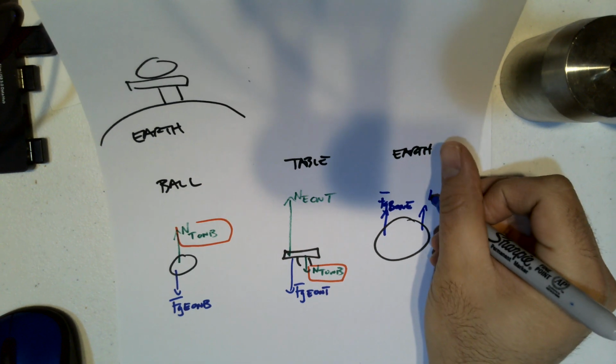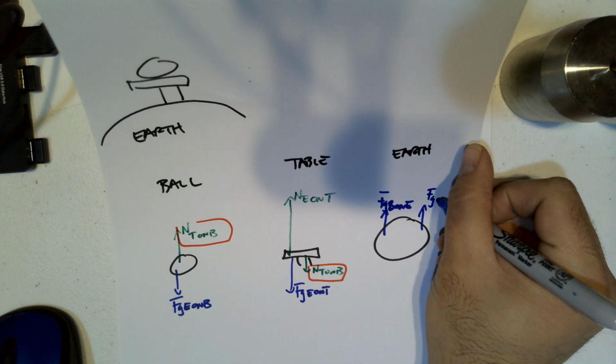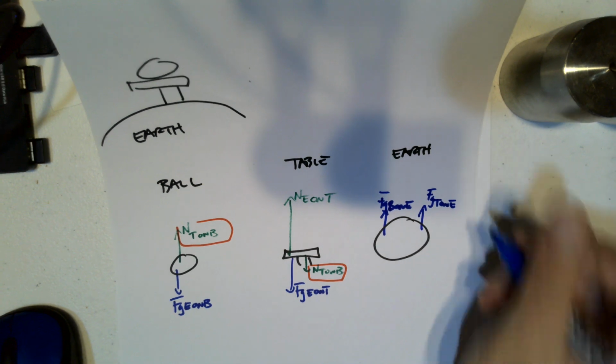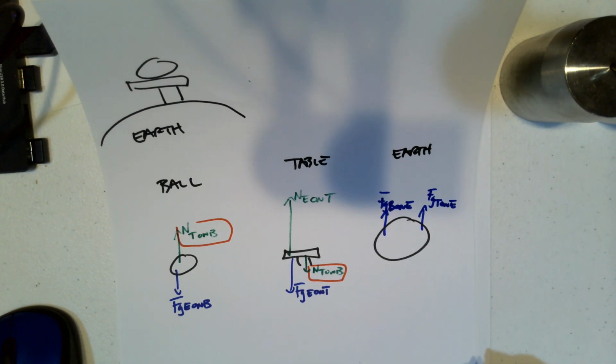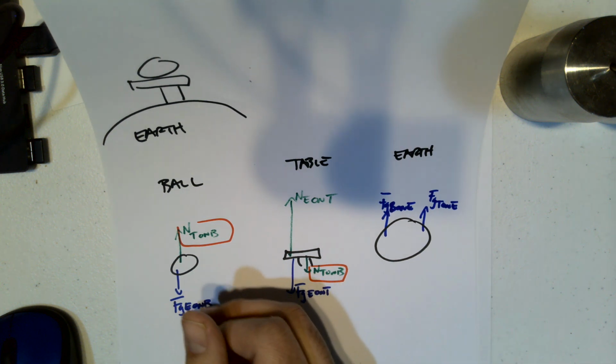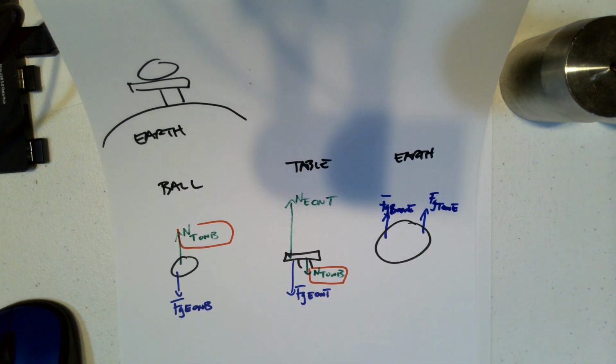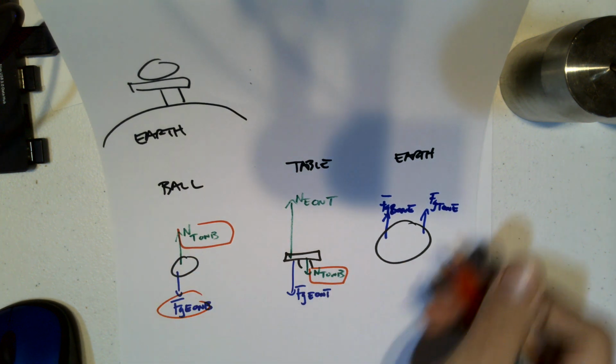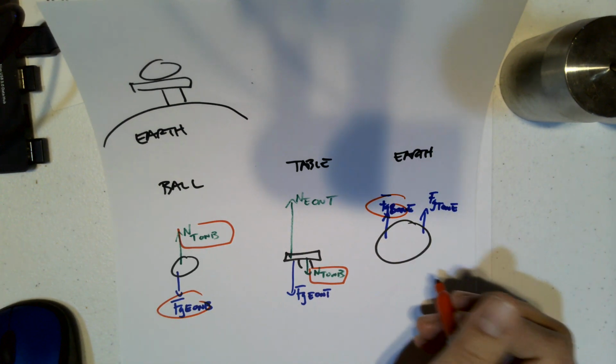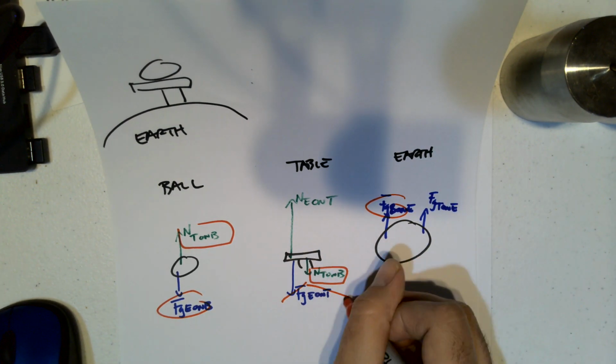The table's going to try to pull it up, so let's call it F of G, table on Earth, T on E. It actually looks like bone and tone right now the way I wrote them. And so now what I've done is I've identified an action-reaction pair here. Let's actually, we'll do an oval on these two. And then for this one, I don't know, I'll do triangle.